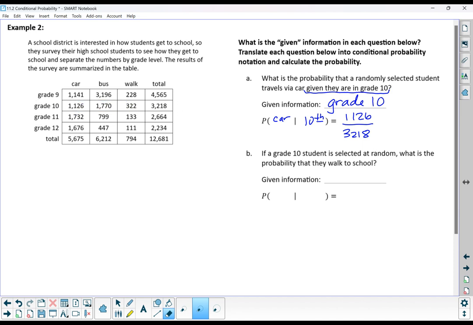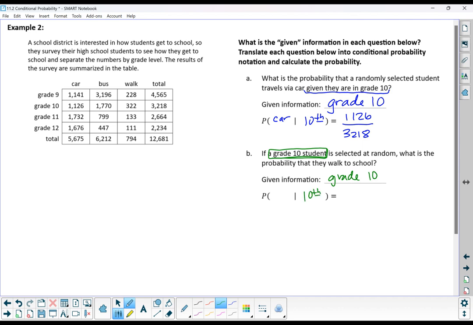Okay, the next one. If a grade 10 student is selected at random, what is the probability that they walk to school? So it doesn't use the word given in this sentence, so we have to interpret it, but we are selecting a grade 10 student. We know that they are in grade 10. So this is the same condition as the question above. It's just worded a little bit differently.